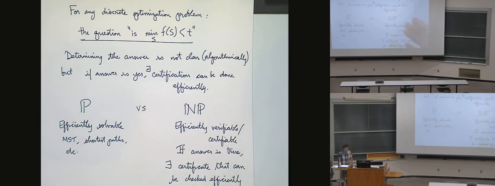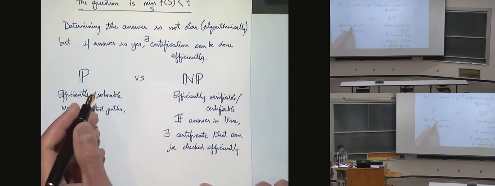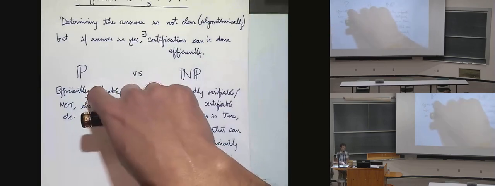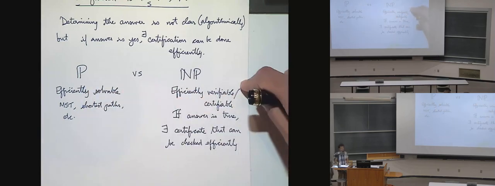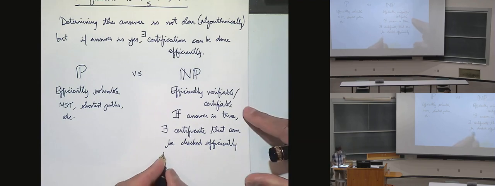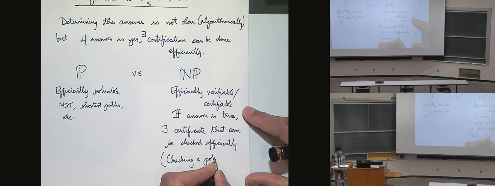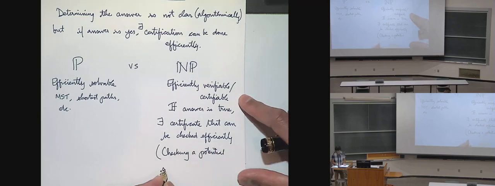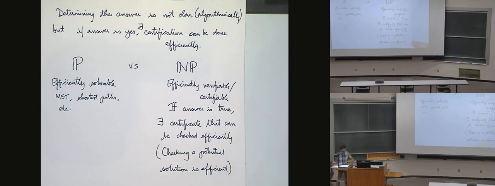There are questions that are not even in NP, that are much harder. So the P versus NP question says, if a problem is in NP, do we think it's in P? Just because a problem can be certified efficiently, do you think we can come up with a solution? NP is just saying that checking a potential solution is efficient.